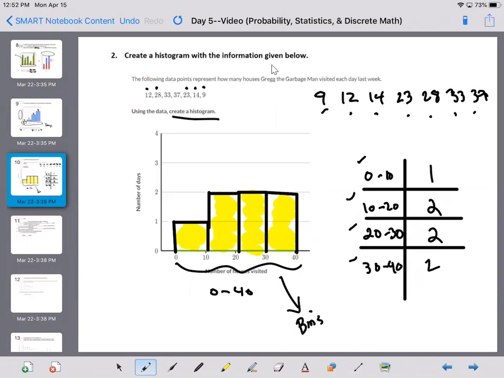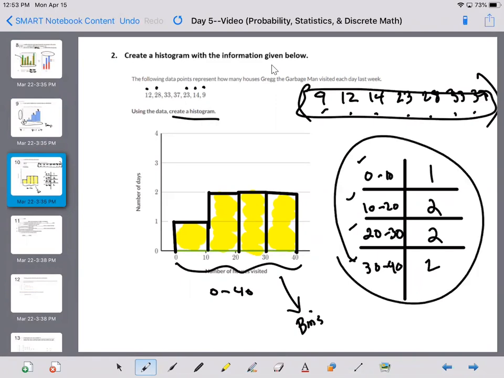So I looked at my data from 0 to 40, in groups of 10, and then I just charted how many, as I put them in least to greatest, would fall in between. And that's what I put in my chart here, just to help me organize it so I can then put it into the graph.